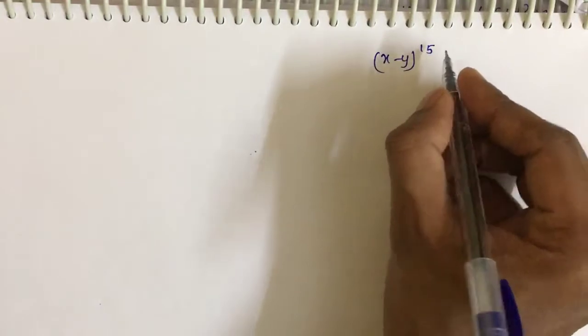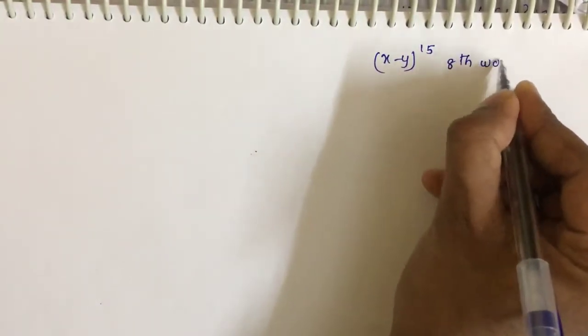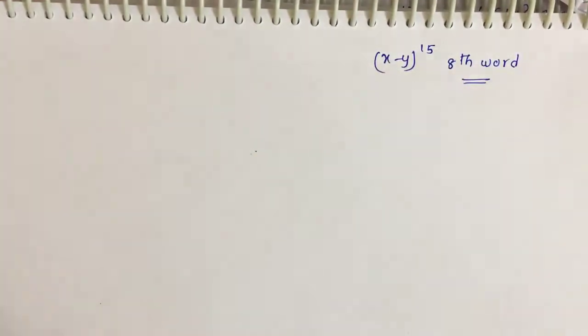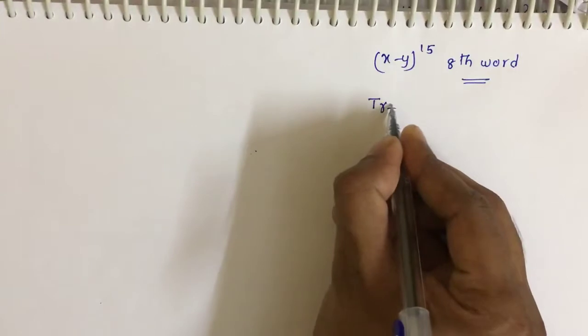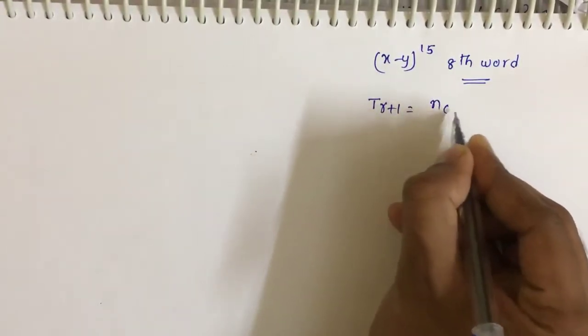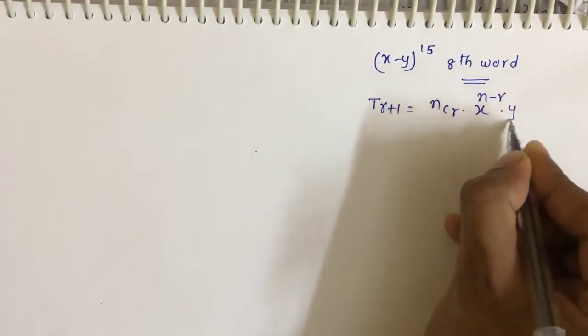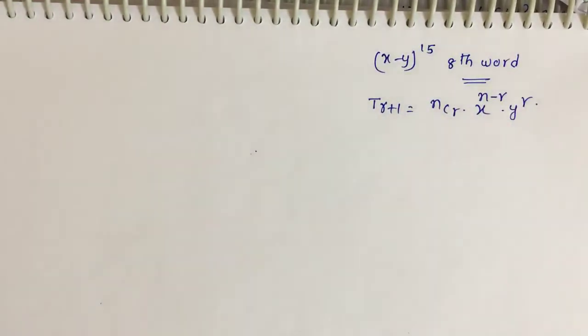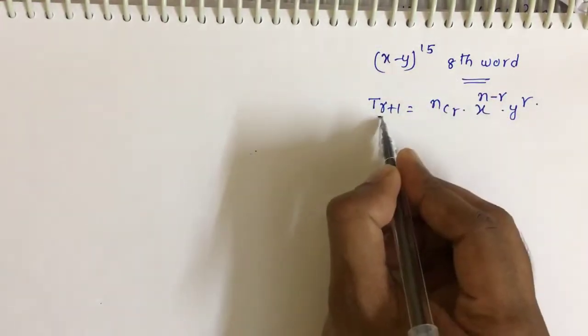Next we have (x - y)^15. In the process of solving, we have to identify the 8th term. So what is the principle? Here we have t_(r+1) = nCr x^(n-r) y^r. So this is the principle. I said how to calculate the r value.